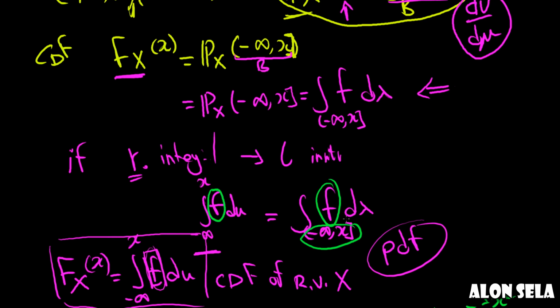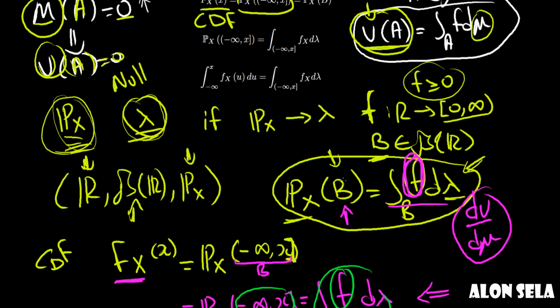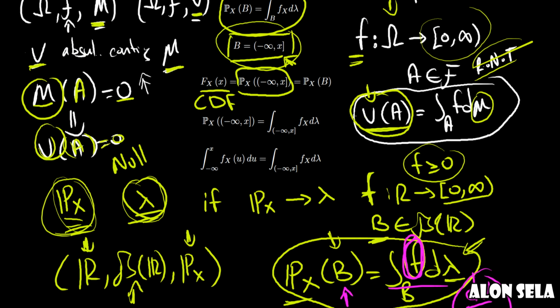And we just saw by the Radon-Nikodym theorem that we can calculate every set from the sigma algebra by this Lebesgue integral using this f function over this set, and the Radon-Nikodym theorem tells us that such functions exist, and this function is the Radon-Nikodym derivative.